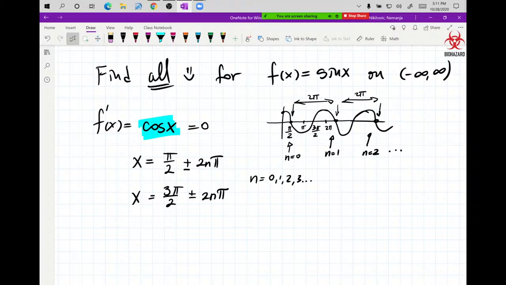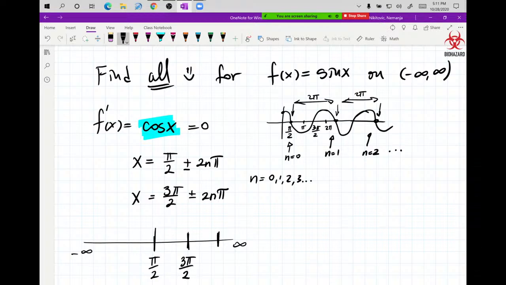Now we need to partition. So when I draw my infinite domain, I can partition at all of these values. Here is a partition at, let's say, pi over 2. Here is the next partition at 3 pi over 2.